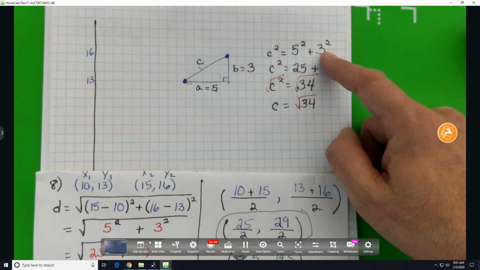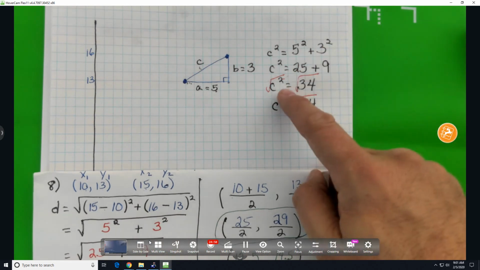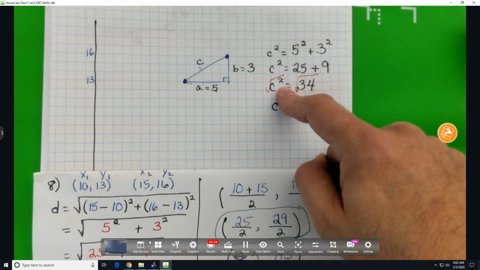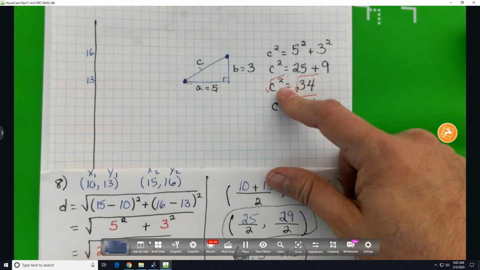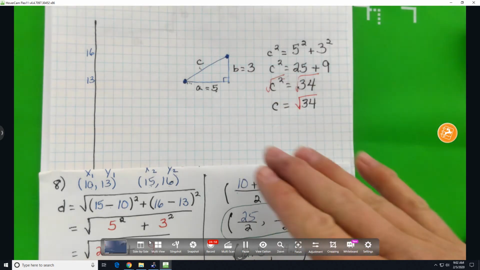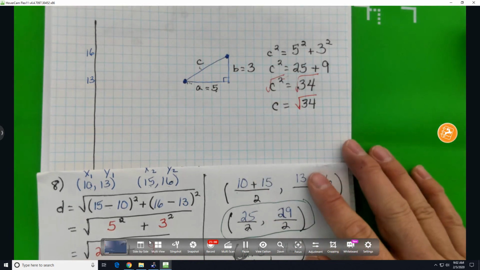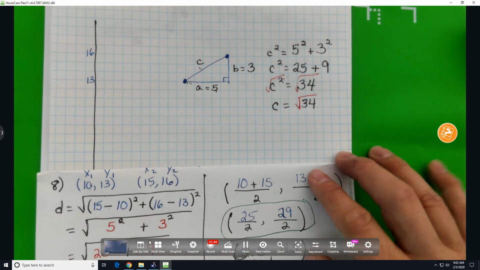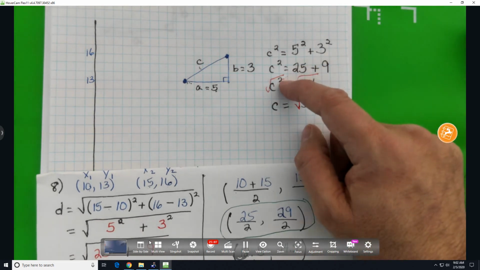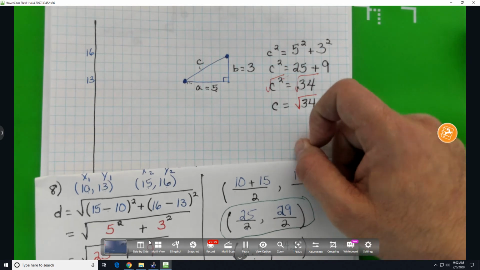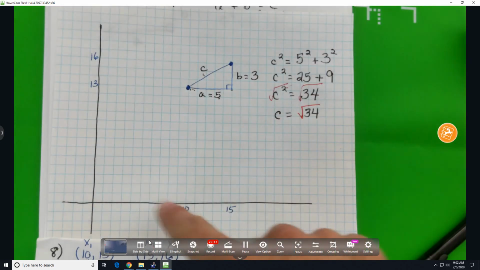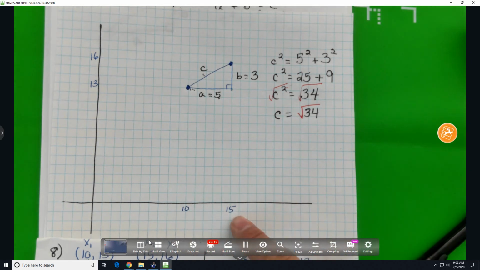Then why do you take the square root? Well, you're canceling out the square on the c. So this little formula is really just going through the distance formula each time. Sometimes students say, oh, I'd rather just draw it out and do it this way every time. Yeah, but suppose the numbers were a little bit bigger than 13 and 16. It'd be a hassle drawing it out with numbers this large.